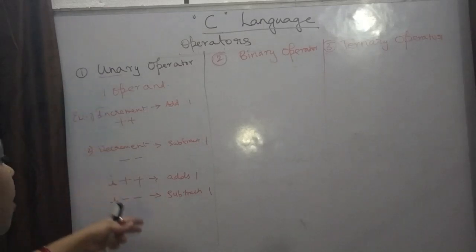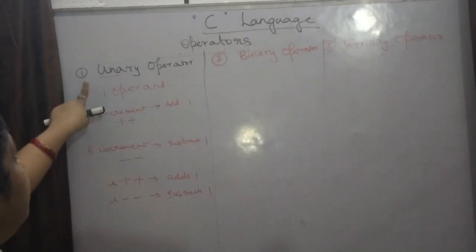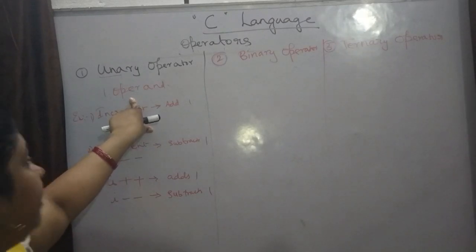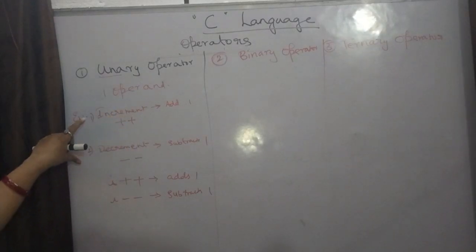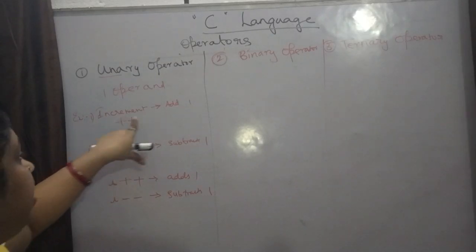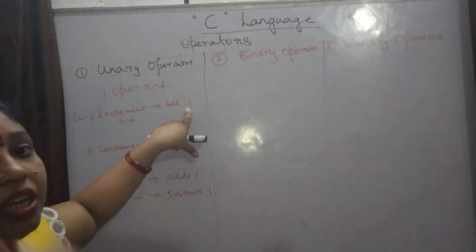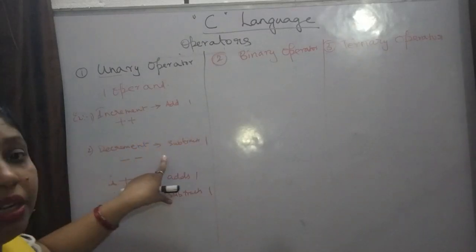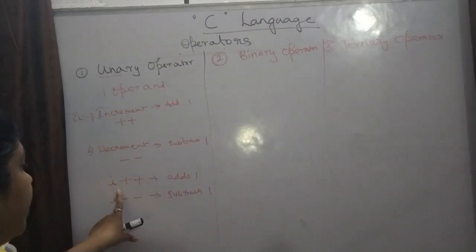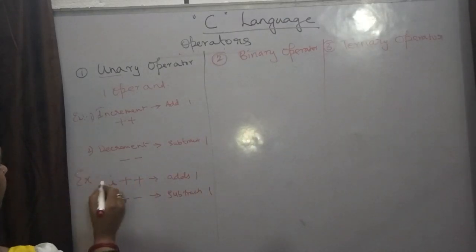So this is the way the unary operator works. A unary operator works on only one operand, and increment and decrement operators are in this category. Increment will add 1, that means it will increase. Decrement will decrease by 1, that is, subtract 1. So for example, you can write like this.